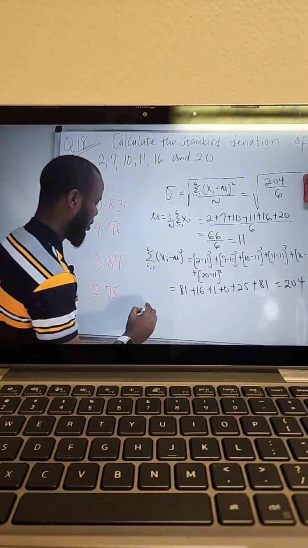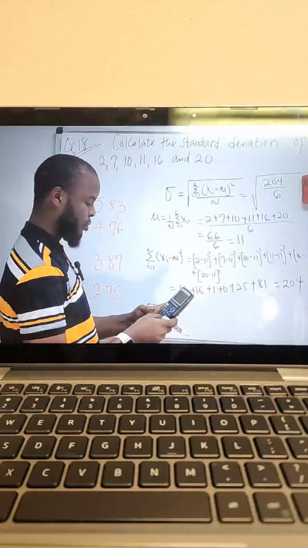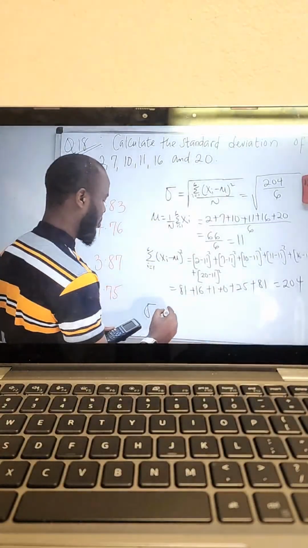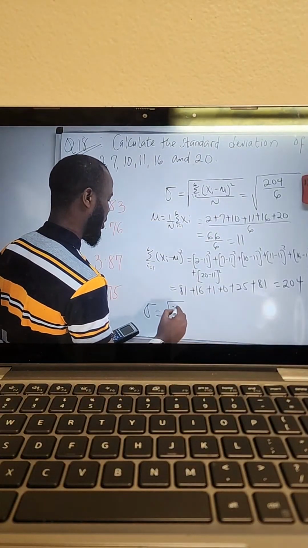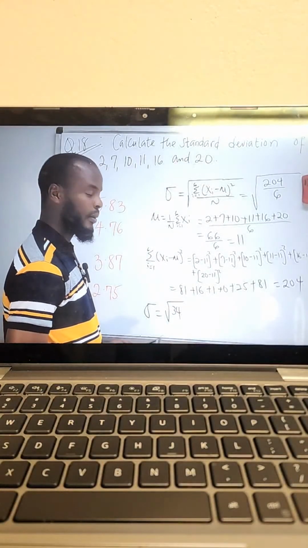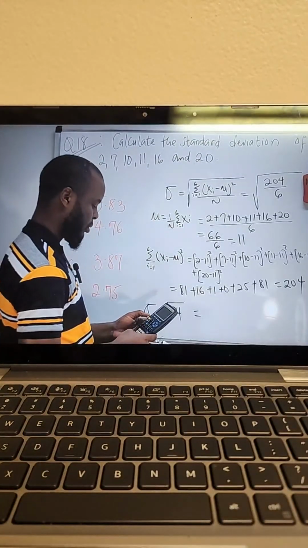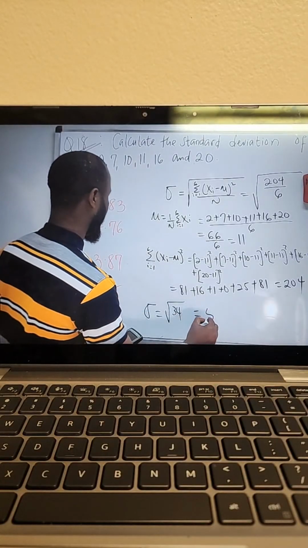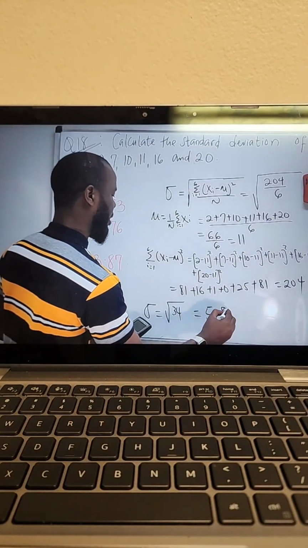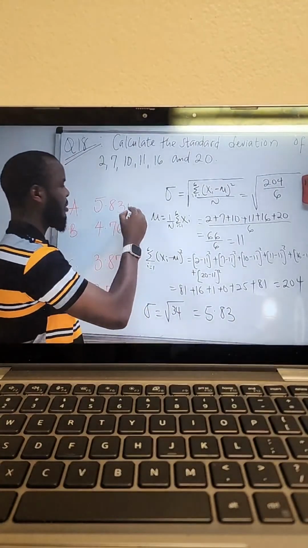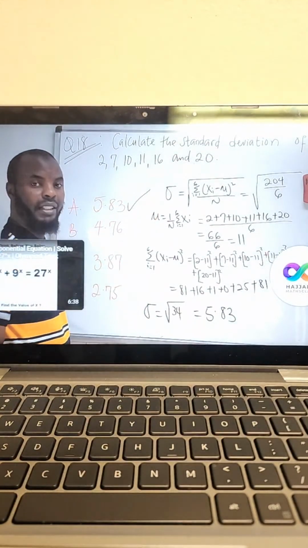So sigma is going to be the root of 34, and the square root of 34 should be 5.83. So this makes option A the right answer.